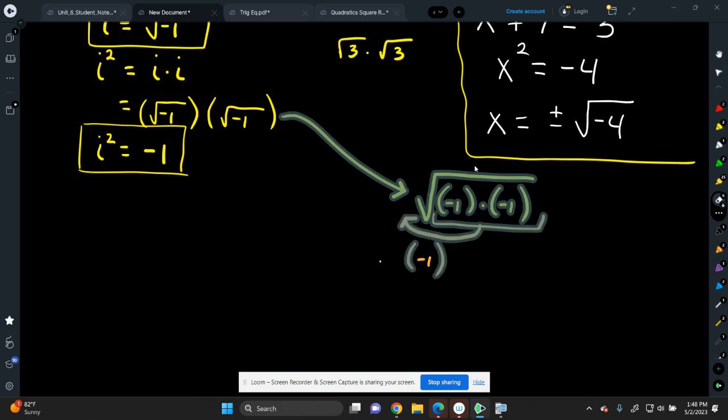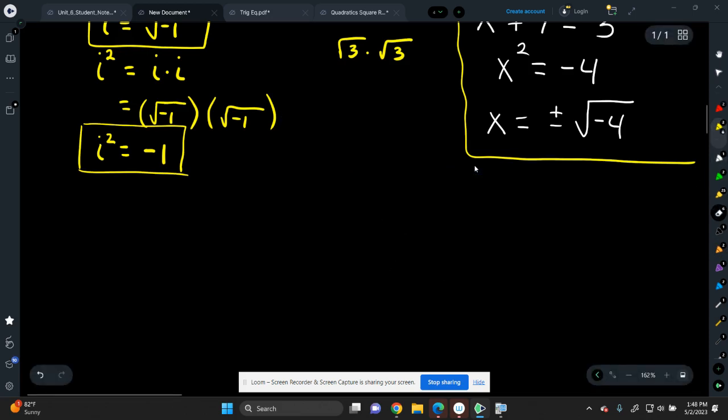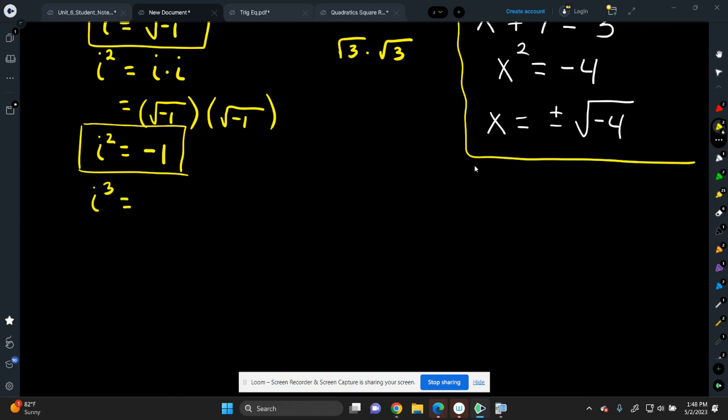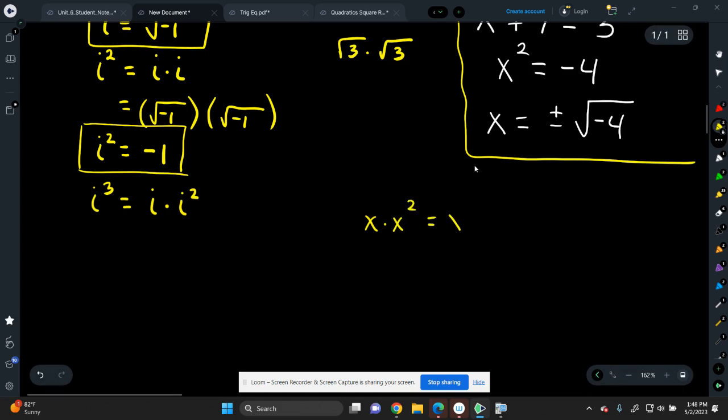Okay, so let's look at i to the third power. I can rewrite i to the third as i times i squared. Just like x times x squared is equal to x to the third, i times i squared is equal to i to the third.